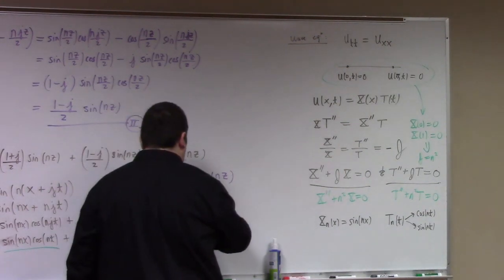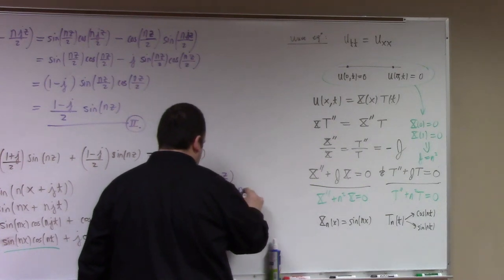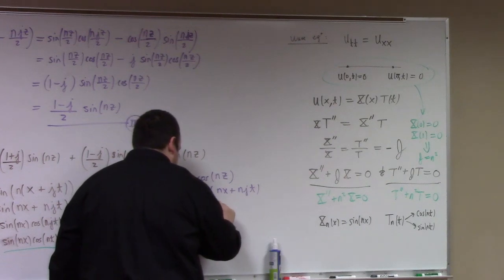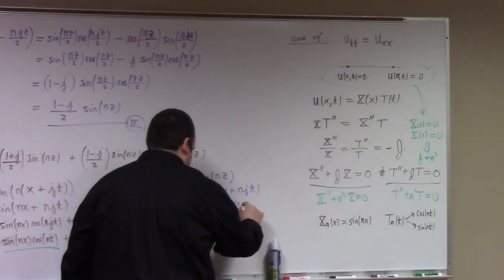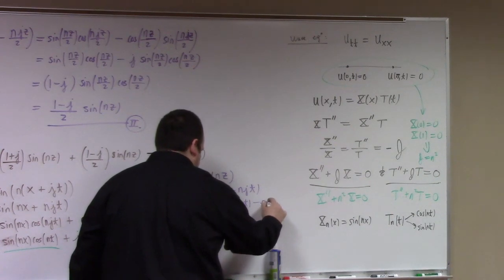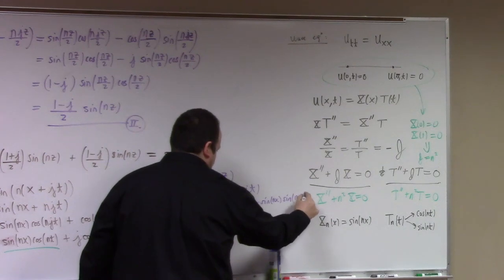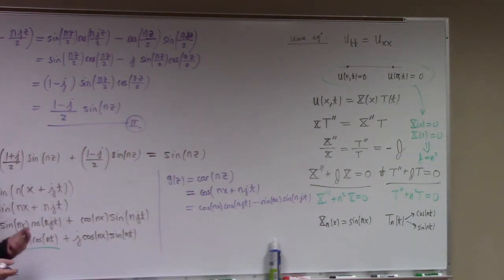So that's the cosine of nx plus njt, which is cosine nx cosine njt minus sine nx sine of njt by the usual adding angles formula for cosine as derived in Daniel's paper.